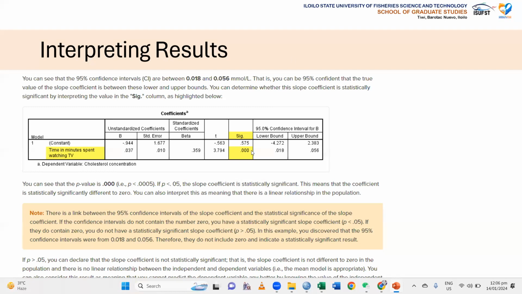But since the sig or p value of time in minutes spent watching TV is less than 0.05, then you can use this time in minutes spent watching TV to predict cholesterol. Remember, if less than 0.05, you can use it to predict. But if greater than 0.05, then you cannot use this to predict.